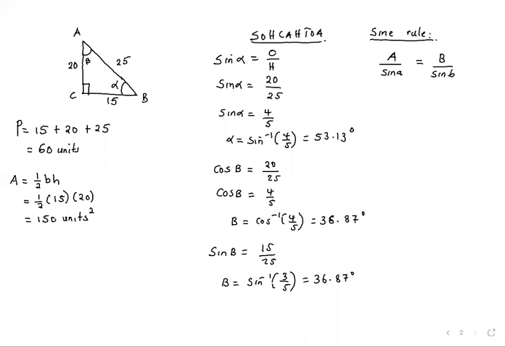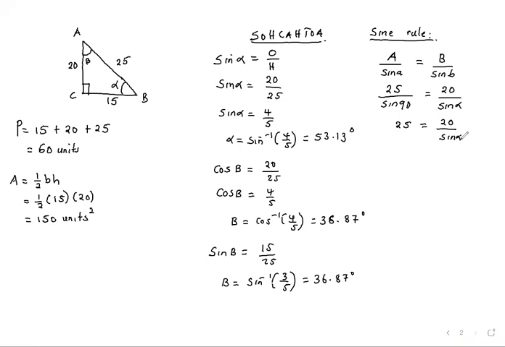So let's see. If A is 25, then the angle is 90, equal to B, let's pick alpha, 20 over sine alpha. Sine 90 is 1. So we are dealing with 25 over 1, which is equal to 20 over sine alpha.